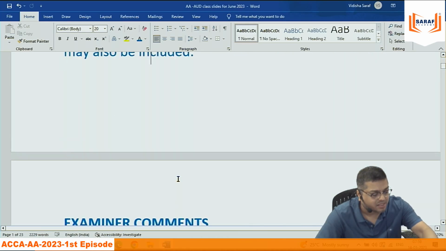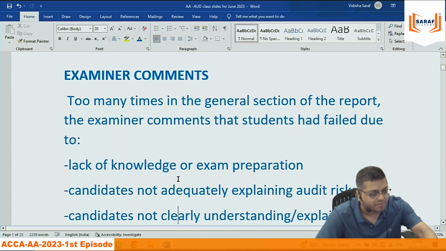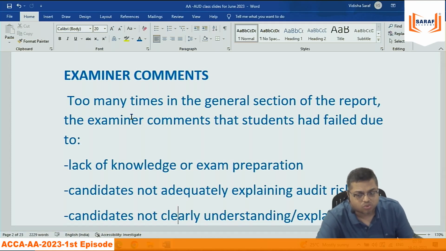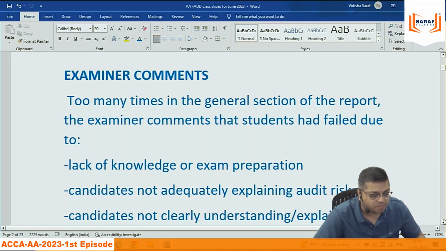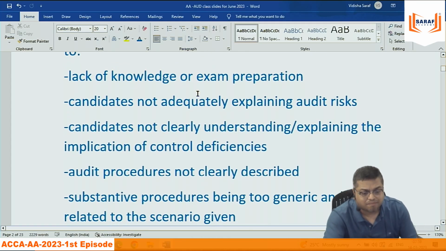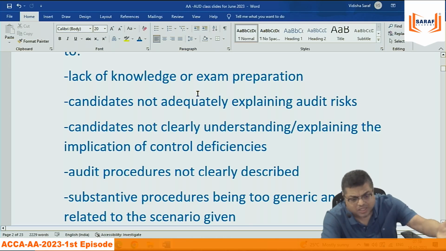What the examiners are saying, I'm not saying, examiners are saying too many times in the general section of the report, the examiner comments on why students fail in auditing subjects. Lack of knowledge or exam preparation. I will say this means what?